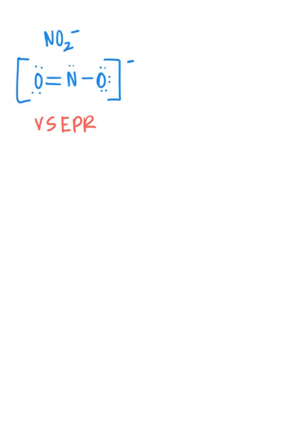So from previous, we've learned that our VSEPR structure is going to be shaped as the molecular geometry of the bent shape. So it's going to be bent, usually, as a rough sketch, looks like this.